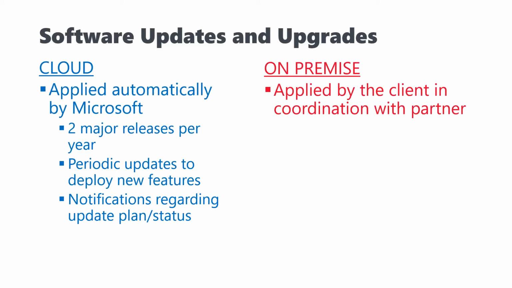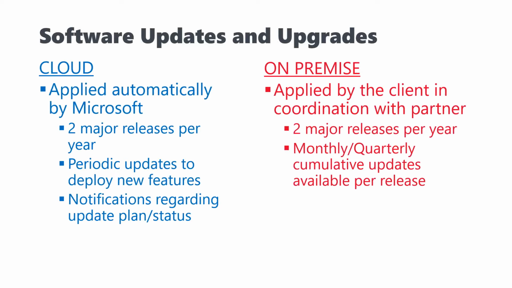In the on-premise version, all updates are applied by the client in coordination with their Microsoft partner. Again, 2 major releases per year are available, as well as monthly or quarterly cumulative updates that can be applied for each release.